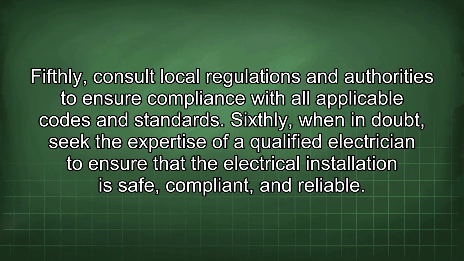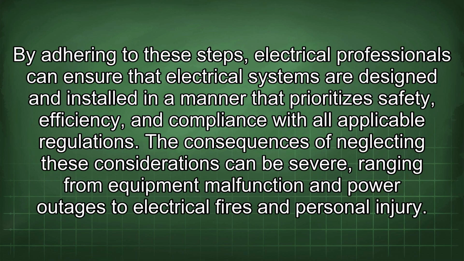Fifthly, consult local regulations and authorities to ensure compliance with all applicable codes and standards. Sixthly, when in doubt, seek the expertise of a qualified electrician to ensure that the electrical installation is safe, compliant, and reliable. By adhering to these steps, electrical professionals can ensure that electrical systems are designed and installed in a manner that prioritizes safety, efficiency, and compliance with all applicable regulations.